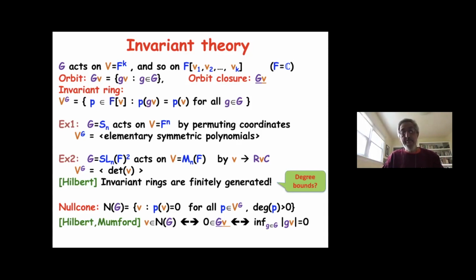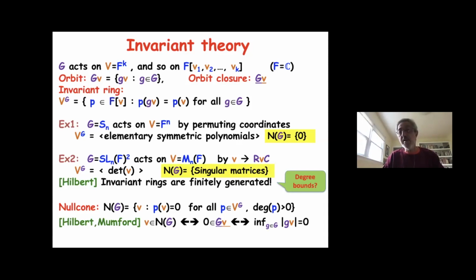Let's look at these two examples. In the case of the symmetric group acting by permuting coordinates, you can get 0 only if you start from 0. Permuting coordinates doesn't do much. It's a finite group anyway. It's not so interesting for us. In the second example, what is the zero set of the determinant? It's all the singular matrices.